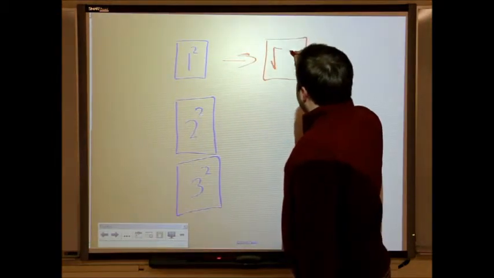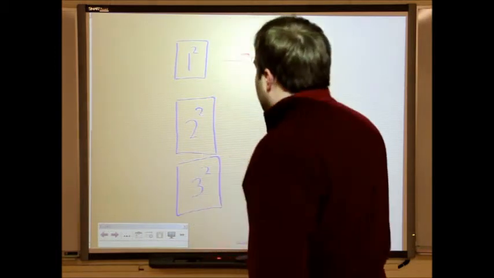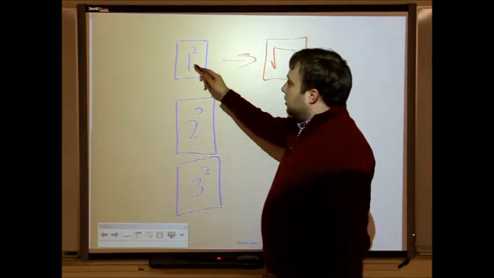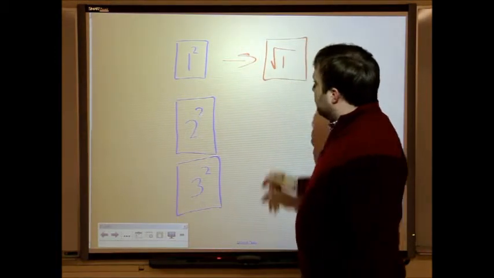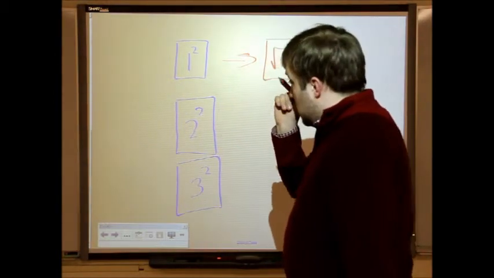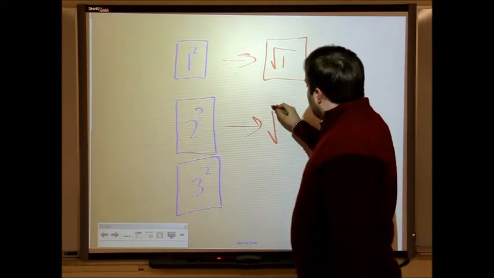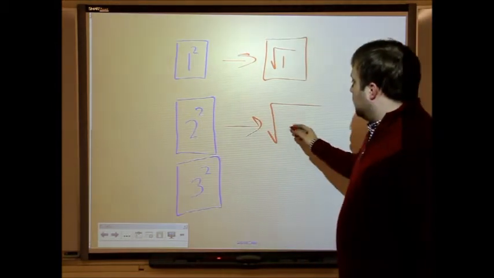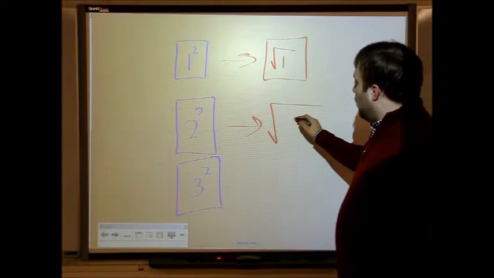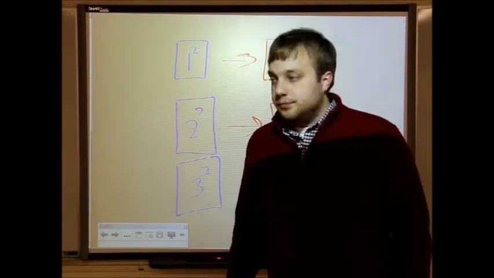On the opposite side, I want you to put down the perfect square root. Okay? Now, it's been a while since we talked about square roots, but I think you know what they are. Basically, you're going to put square root of 1 in that case. Over here, I'm going to say square root of 4. That's the next perfect square.